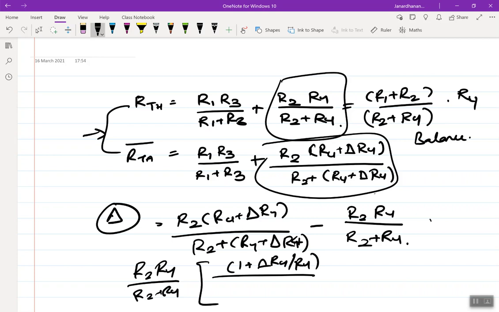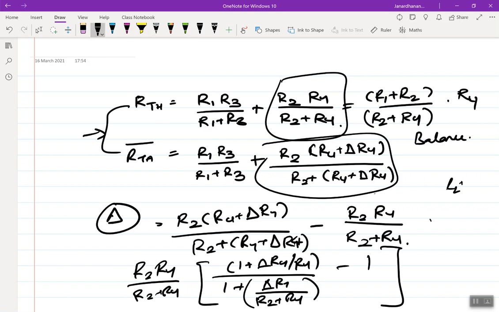And here you would have R2 plus R4, so you will have 1 plus delta R4 by R2 plus R4, minus 1.